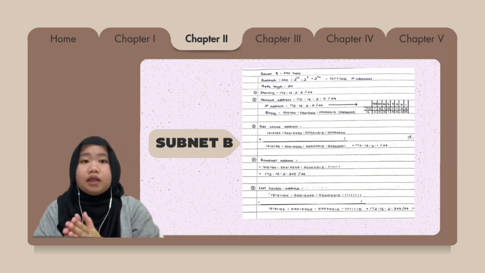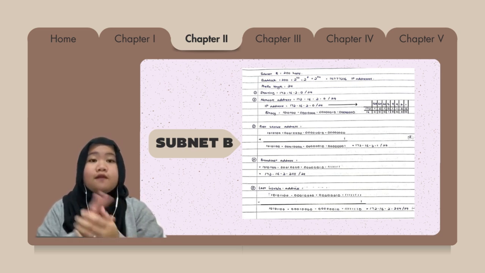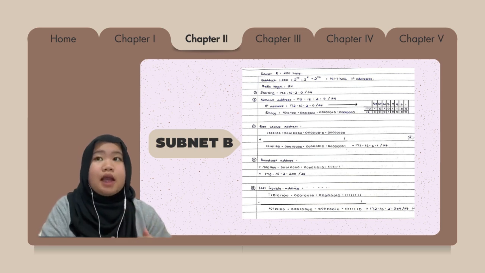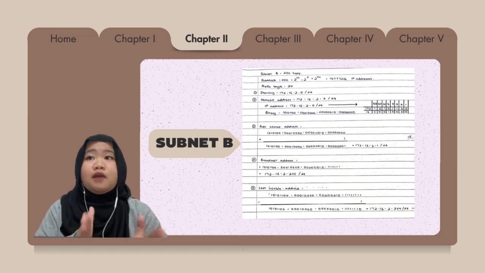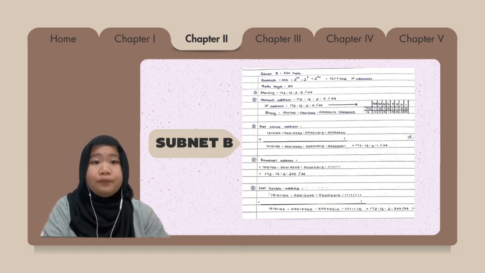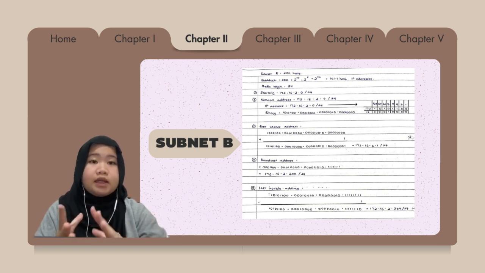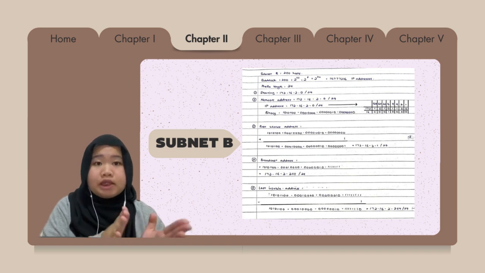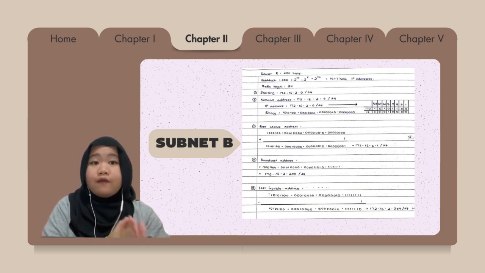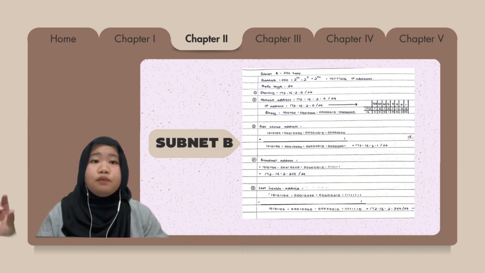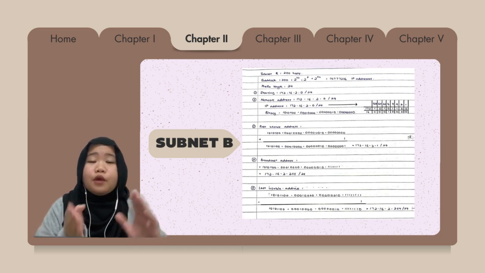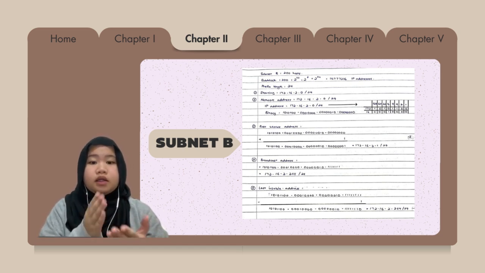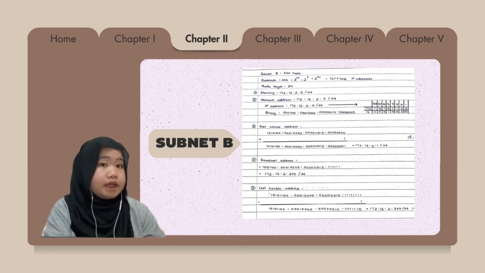Basically the address after the broadcast address of subnet A is the starting address for subnet B. Previously the broadcast address of A is 172.16.1.255, where the whole octet is 255, so we cannot pick 256 as the next number.